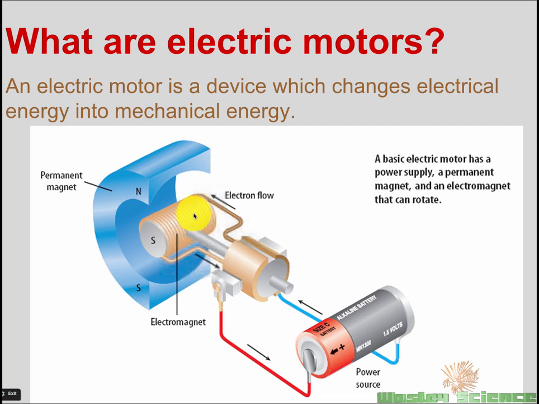We call this whole area here the electromagnet. Like we've said, the electrons are flowing through all these wires and producing a strong magnetic field, which gives the electromagnet its magnetism. This south pole here is going to want to approach the top of the permanent magnet because opposites attract, and then the north pole is going to want to move down.